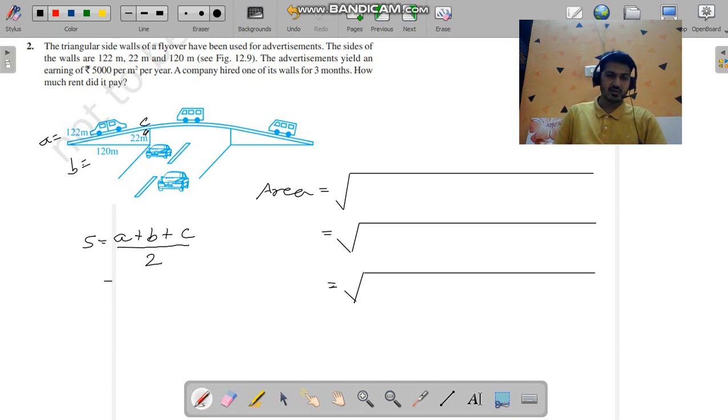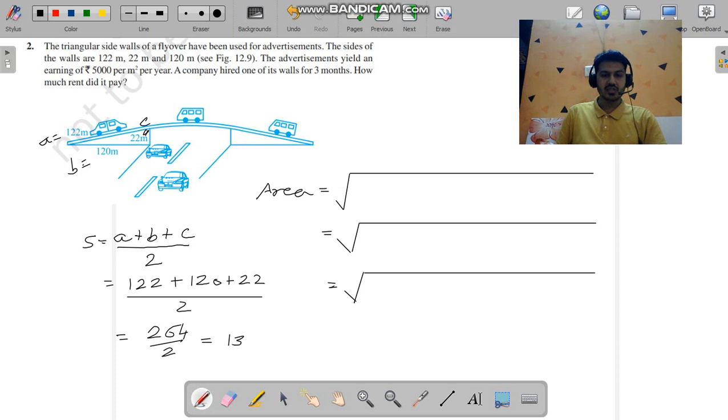Let us find the area of that triangular wall first. For that we have to add all the sides. So 122 plus 120 plus 22 by 2. After adding we get 264 upon 2. After dividing it will be 132.